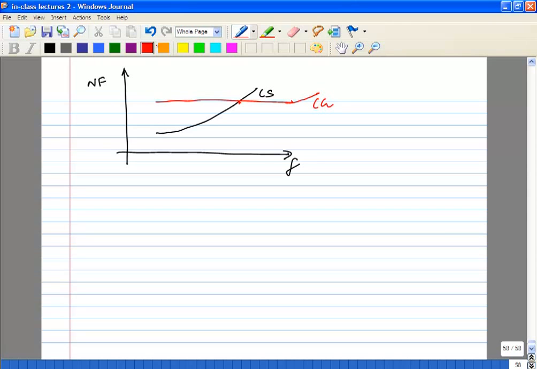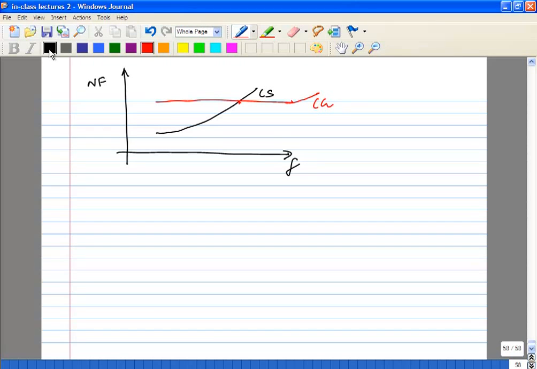Because remember we calculated the common gate last week, it is 1 plus gamma over alpha, right? So that is actually high enough. We saw minimum is 2.2 dB, so it's actually much higher than a common source. But the frequency at which a crossover occurs may be tens of gigahertz, maybe 20 gigahertz, 30 gigahertz. At the typical frequencies of interest, you may not worry about the common gate too much.